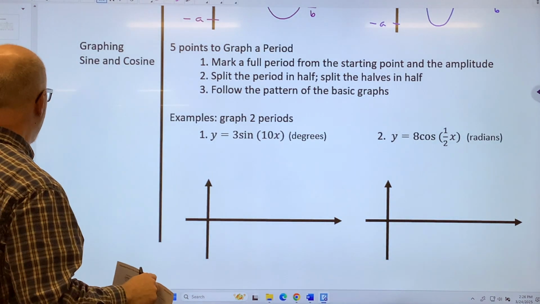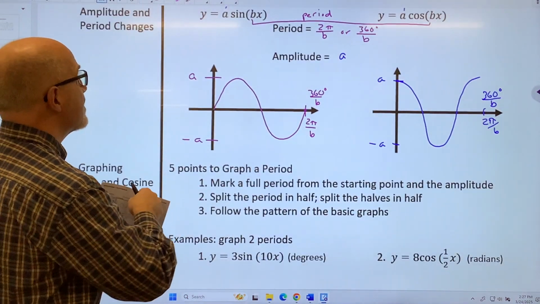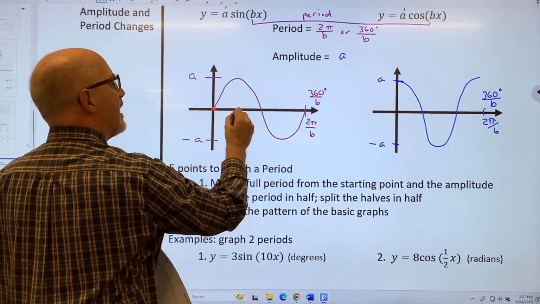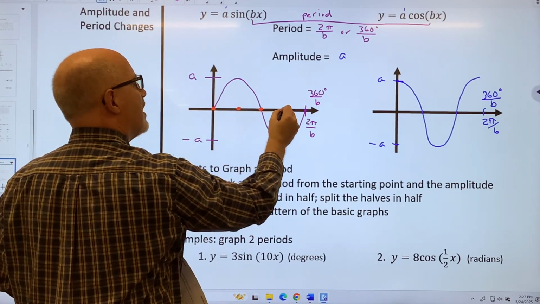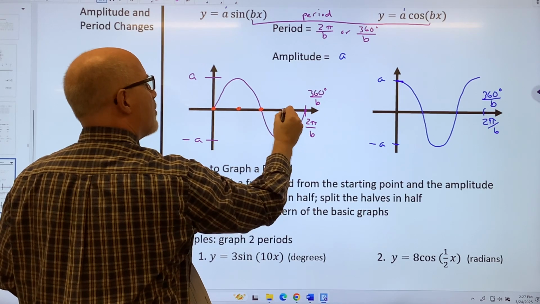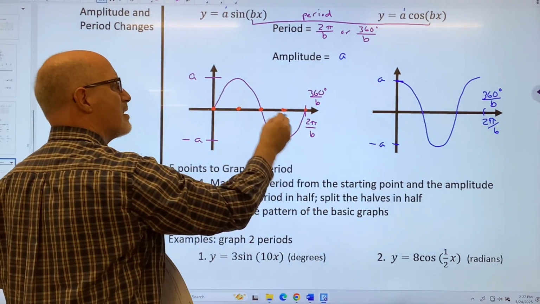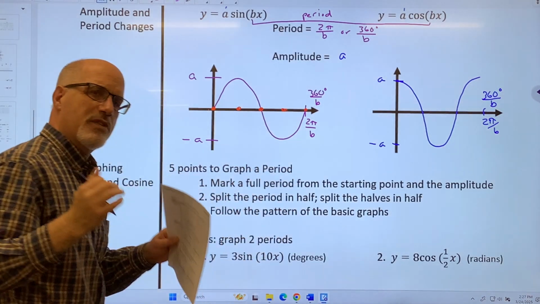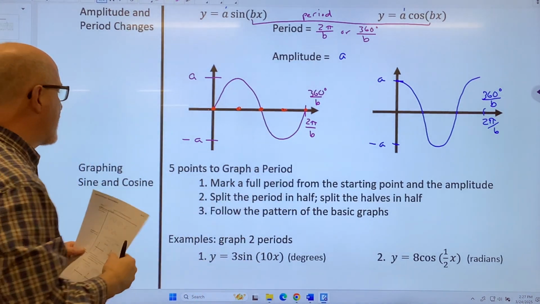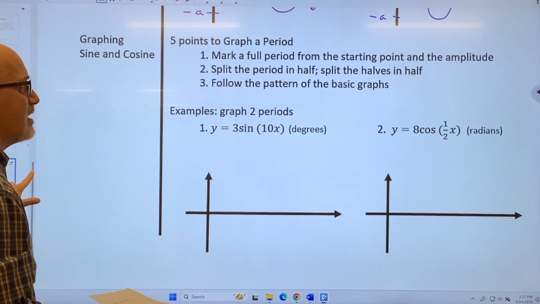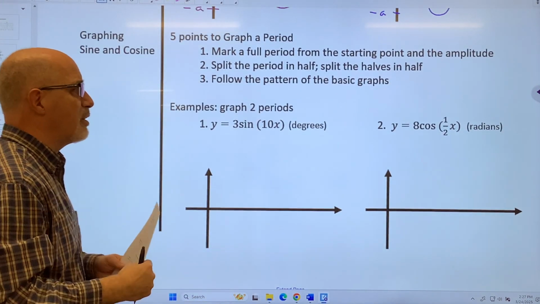Notice that I've got a beginning, a top point, a middle, a bottom point, and then the middle again. So there are 5 points that help define where this graph goes. We're going to use those with any one of these that changes the amplitude and the period.